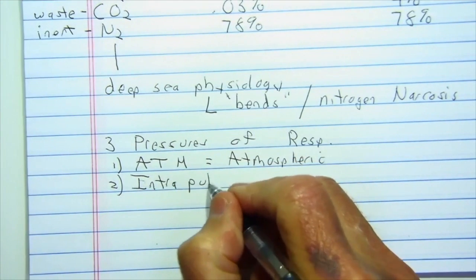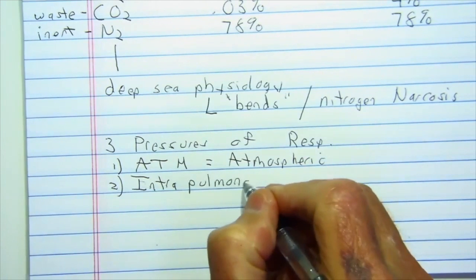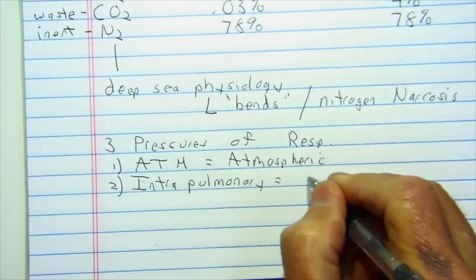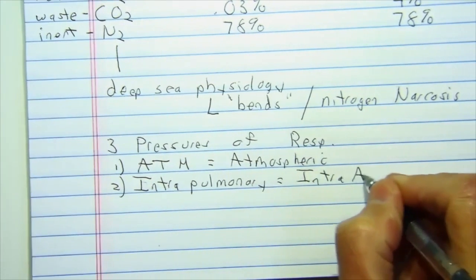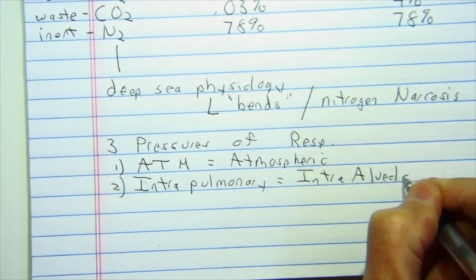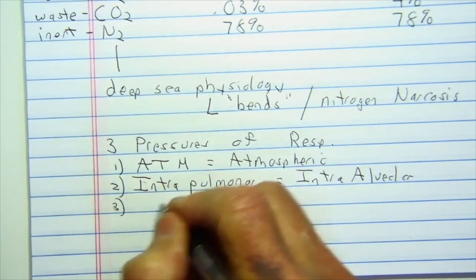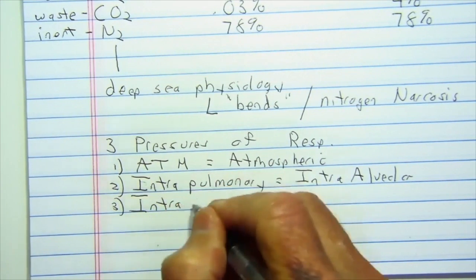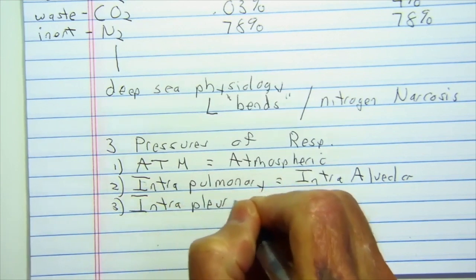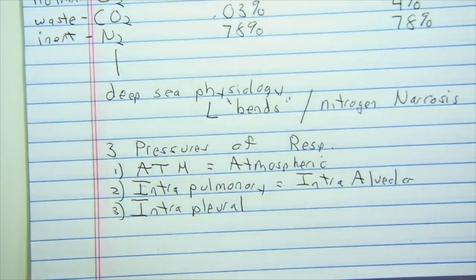Intrapulmonary, which is also called intra-alveolar. And then the third pressure is intrapleural. So again, 3 gases of respiration, 3 pressures of respiration.